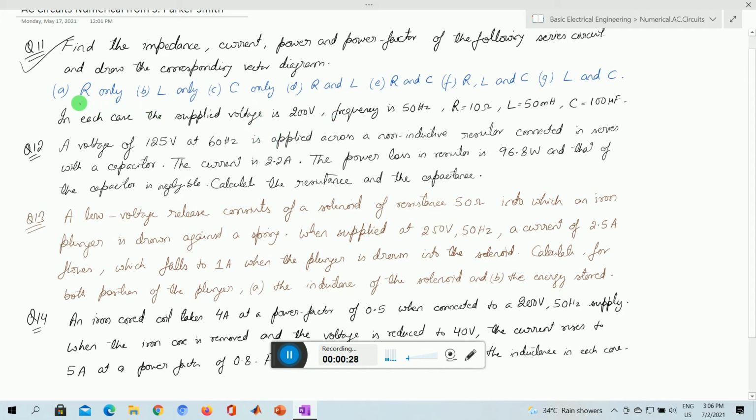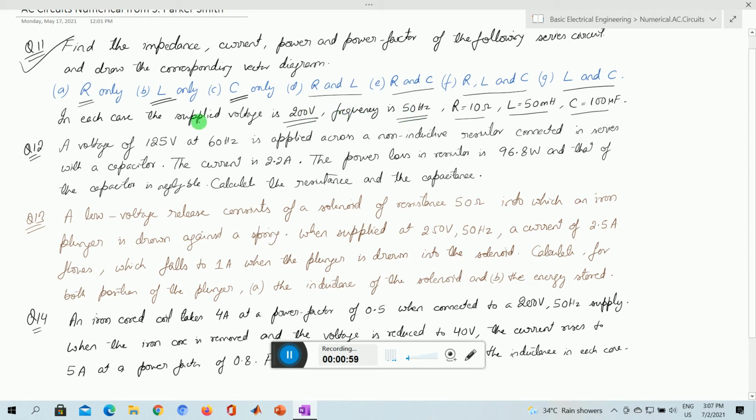Here the loads are R, L, C. Individually we will consider, then we will consider R and L, then R and C, RLC load and LC load. The value of R is 10 ohm, L is 50 millihenry and C is 100 microfarad. Supply voltage is 200 volts and frequency is 50 Hz.